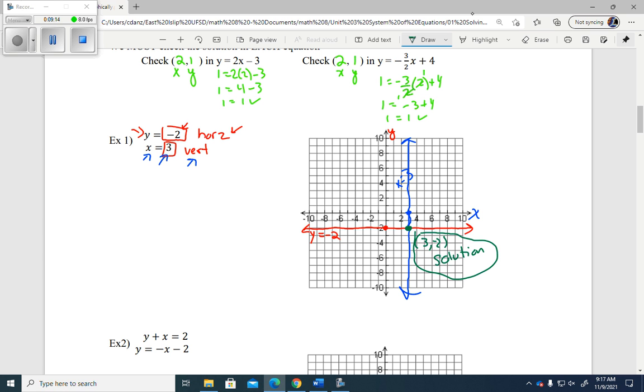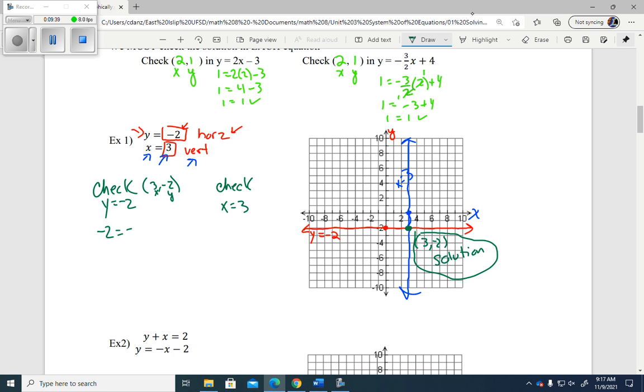Let's do 2 checks for this. We're going to check in the equation y equals -2, and we're going to check in the equation x equals 3. What is it that we're checking? We're checking the point of intersection, 3, -2. This is an x and this is a y. So in place of y, I'll put a -2.